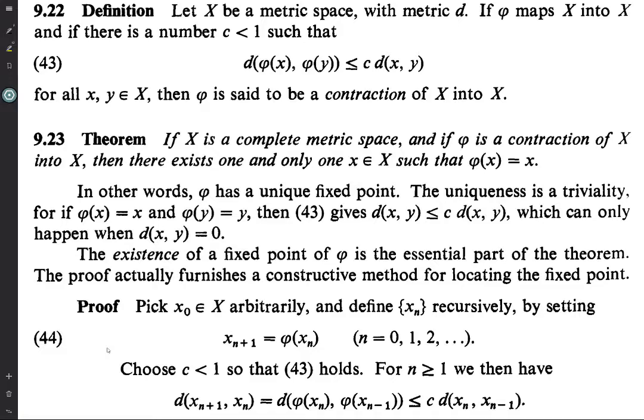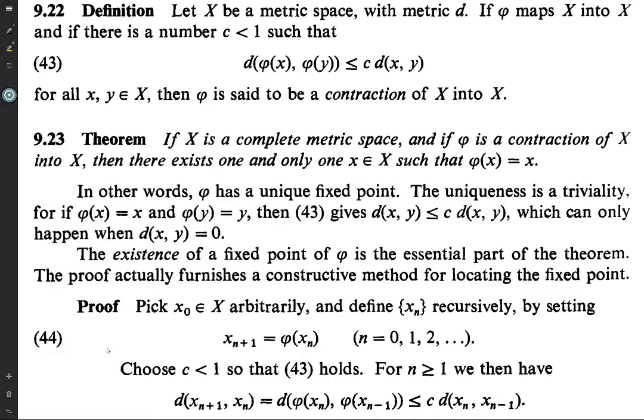Although, I guess the definition says there exists a number c such that this holds, and there's presumably multiple c's. Well, actually, that really has to be the case, because if the contraction definition holds for c, then it will hold for any c0 which is strictly between c and 1. But anyway, so just choose some c so that it holds.